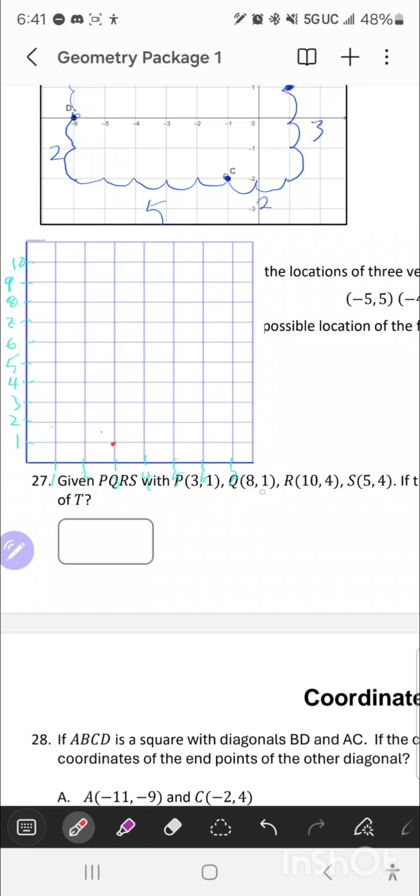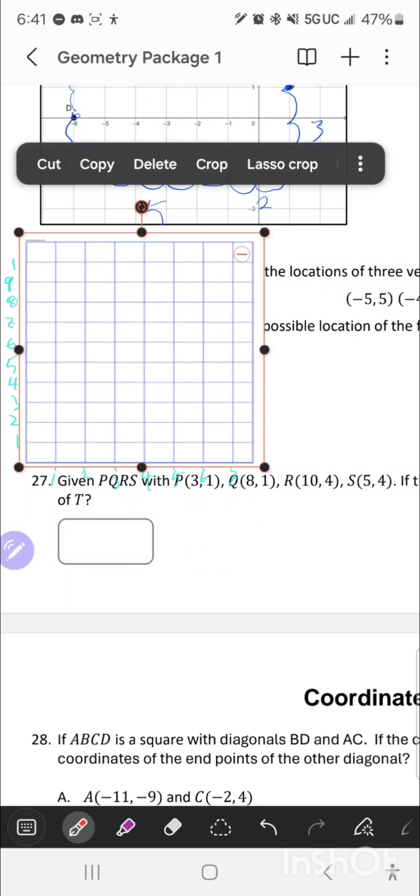And 8, comma 1. This is 7, so I'm going to say that 8 is going to be over here, so it's more equal. So x, comma 1 here. Here we go, 10, comma 4.